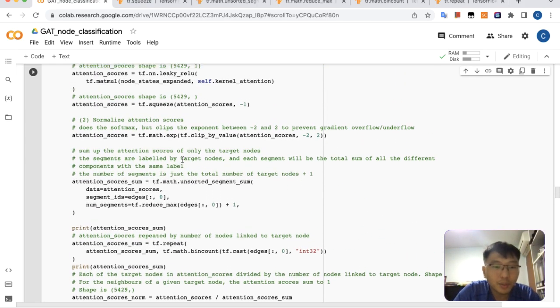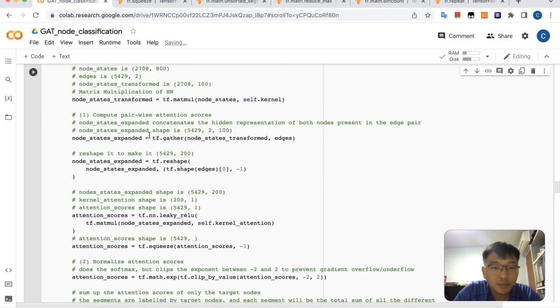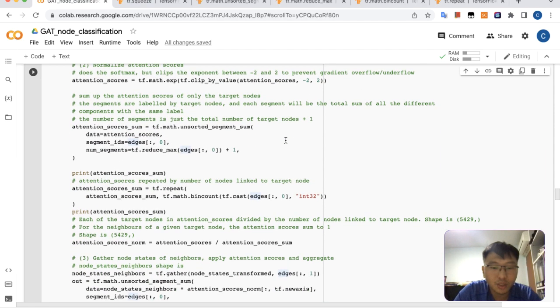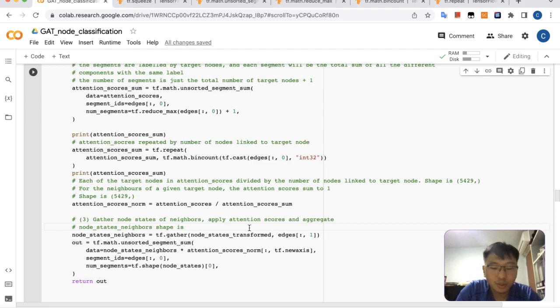If we go by what we saw earlier, it will be like 5429 by 200, but in this case because the edges are just 1, it will be 5429 by 100. So if we take 5429 by 5429 by 100, we should be able to weigh each of this neighbor's hidden state elements by the attention score itself.